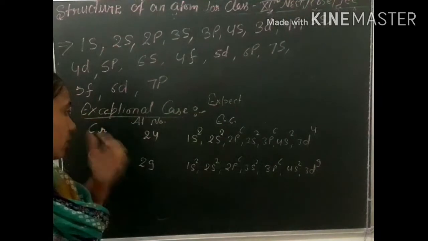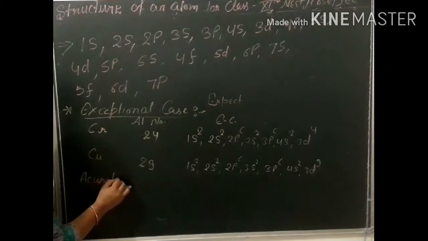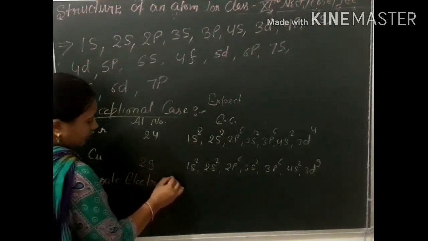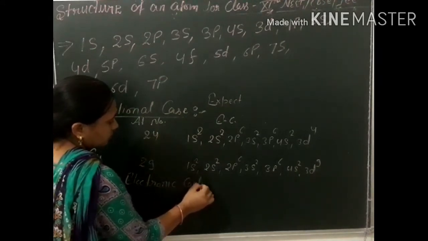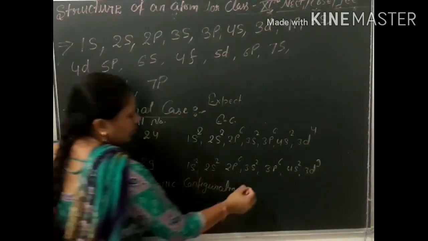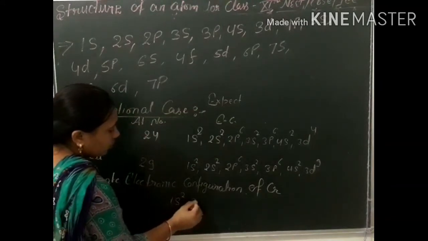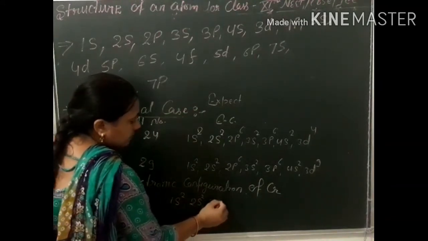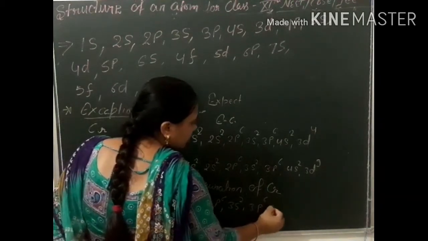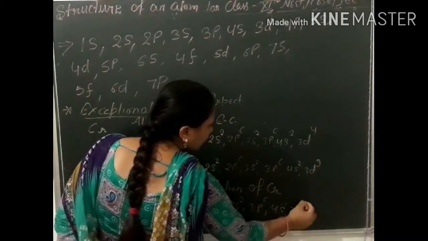Now the accurate electronic configuration of chromium is 1s2, 2s2, 2p6, 3s2, 3p6, 4s1 and 3d5.